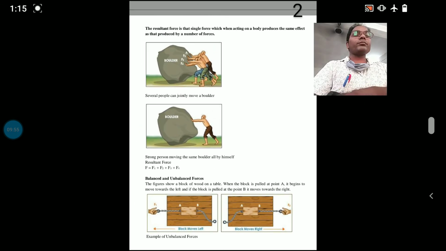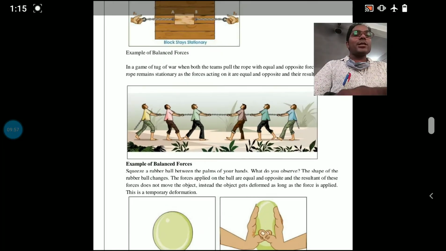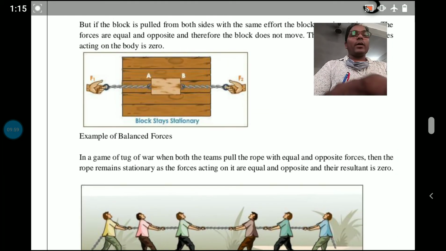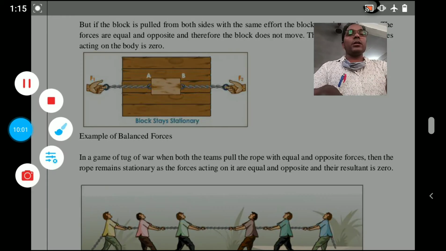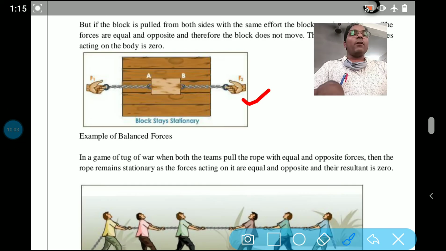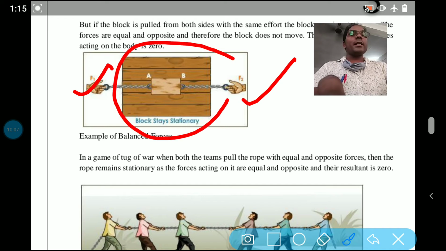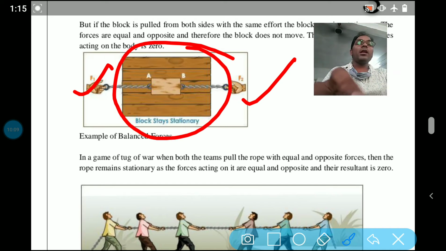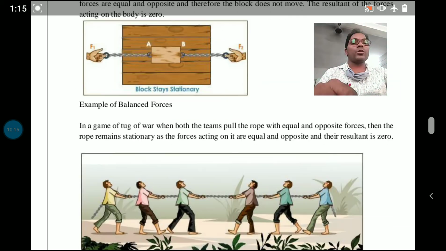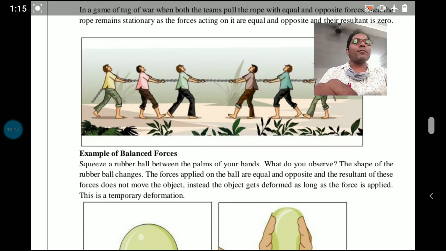So you can see here, this is an example of balanced force. One force is applied this side, one force is applied this side, but this block is stable at its position. There is no change, no result. So this force is called balanced force. Here also this is balanced force.